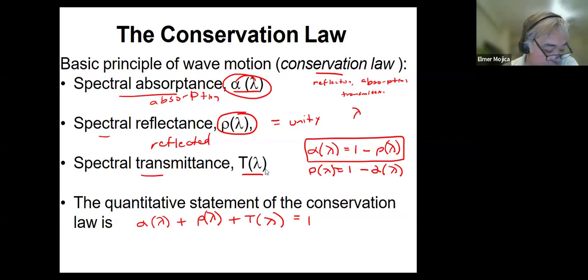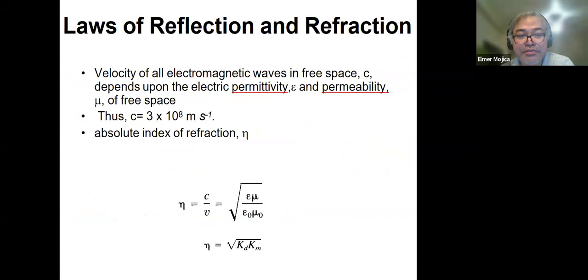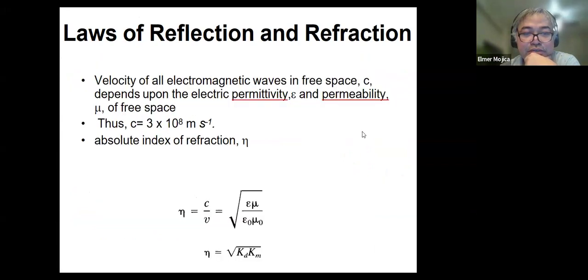Okay, so let's go on to the law of reflection and refraction. If you can remember, James Maxwell showed that the velocity of all electromagnetic waves in free space is equal to what? The speed of light.